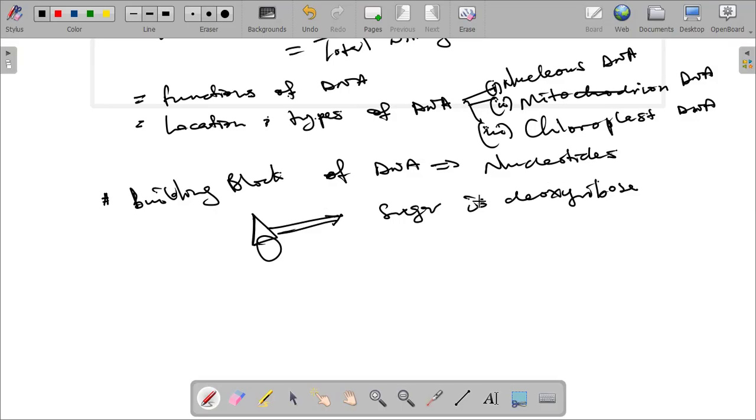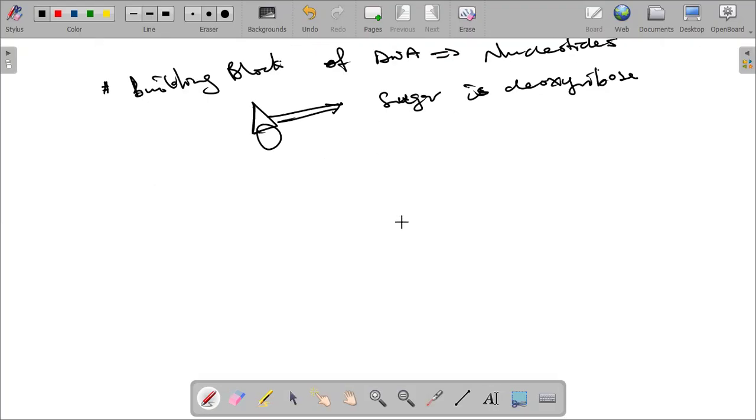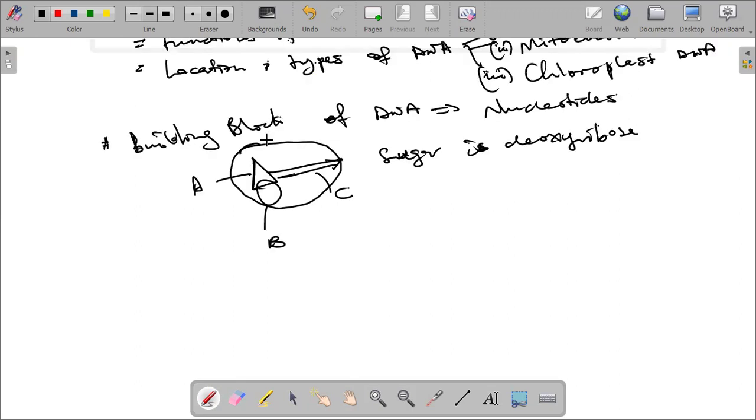This diagram of the nucleotide might come, and you'll be asked to label it, to say what is A, what is B, and what is C. You cannot go to the exam without getting to know that. Let's go to the next question: the differences.